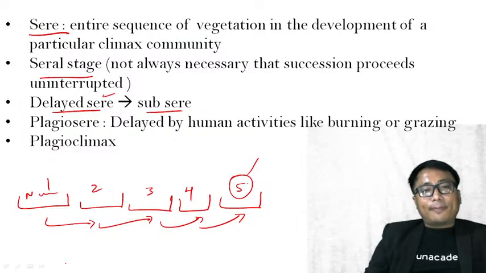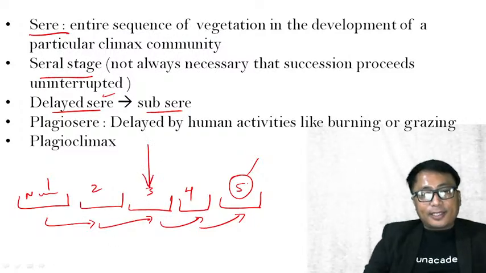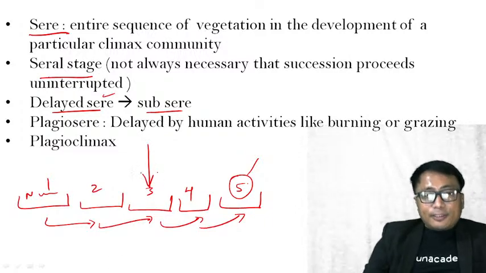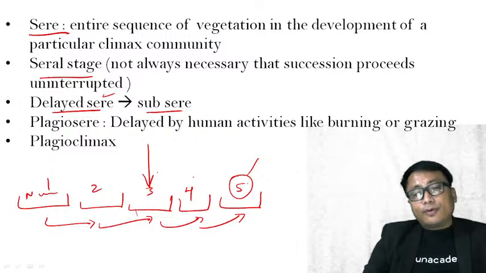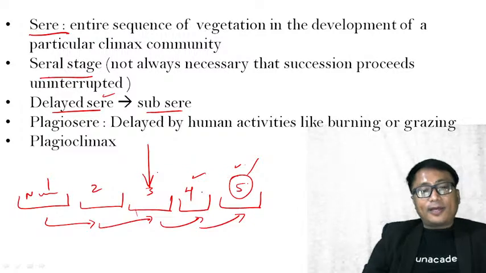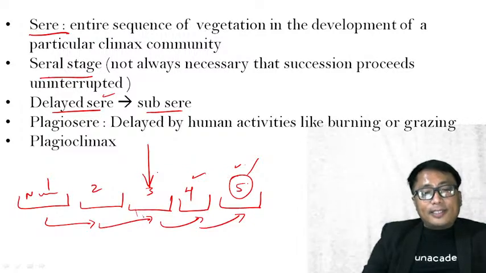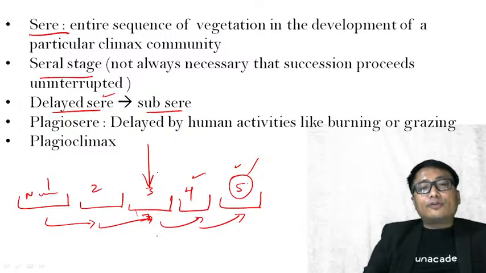But say, because of some reason, this particular succession is interrupted here in stage 3. Then this ecological succession will not proceed to stage 4 and stage 5 if the factor interrupting it is not removed.